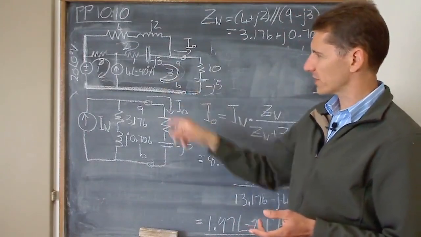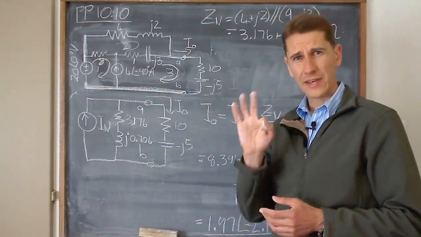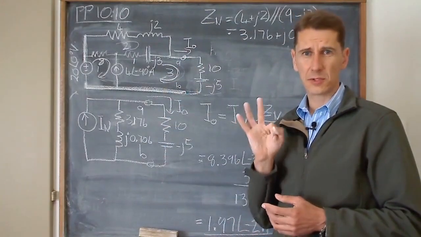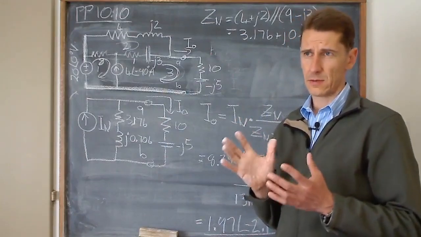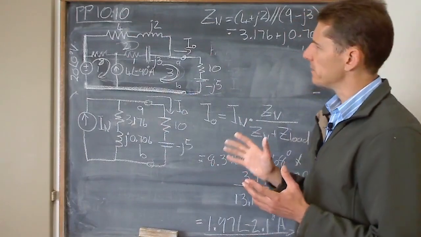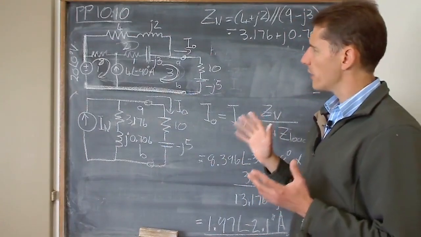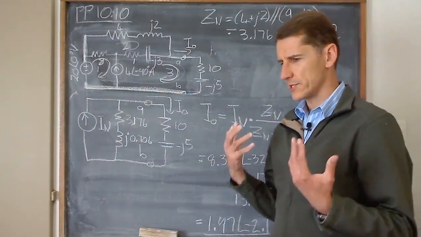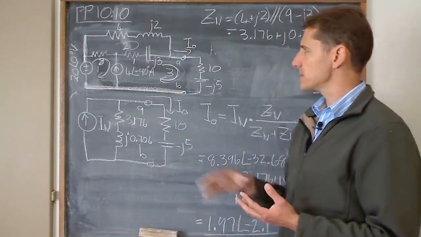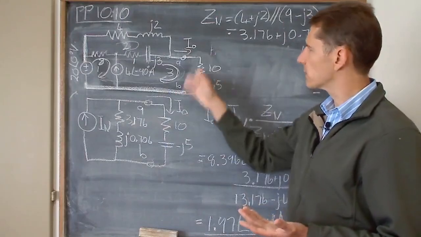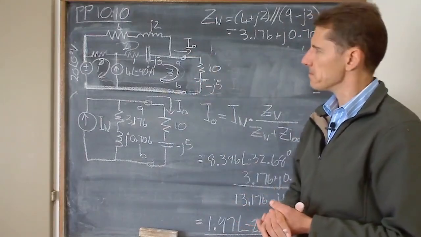Getting this Norton current required three simultaneous equations. That's a big pain where you don't want a pain. So unless the question actually stated get the Norton equivalent, which this one now did, but let's say they just asked, listen, calculate that output current for me.